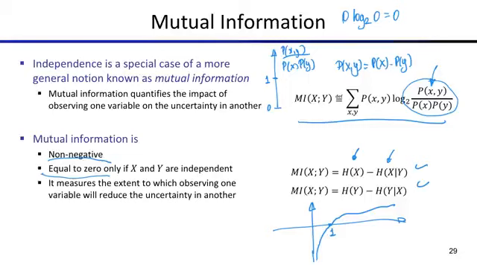And we know that the conditional entropy of x given y is less than or equal to the entropy of x. So that shows that this property, that it's a non-negative value, should be true. We can also define it the other way around: the mutual information of x and y is the entropy of y minus the conditional entropy of y given x.